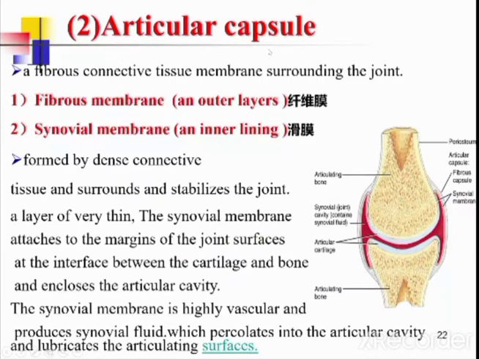Articular capsule: a fibrous connective tissue membrane surrounding the joint. Because there is a narrow articular cavity separating the articular surfaces, a fibrous connective tissue membrane surrounds the joint.